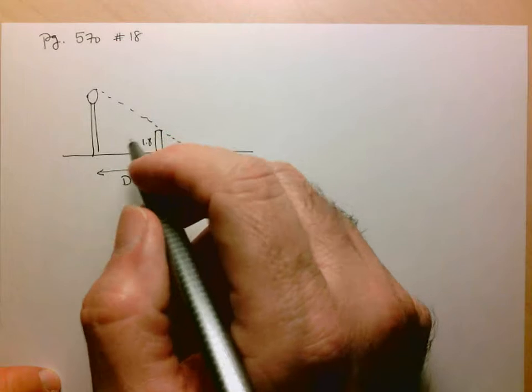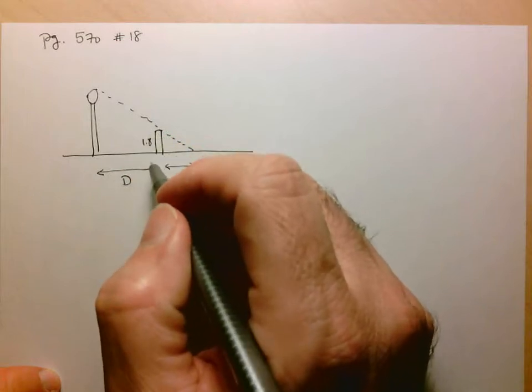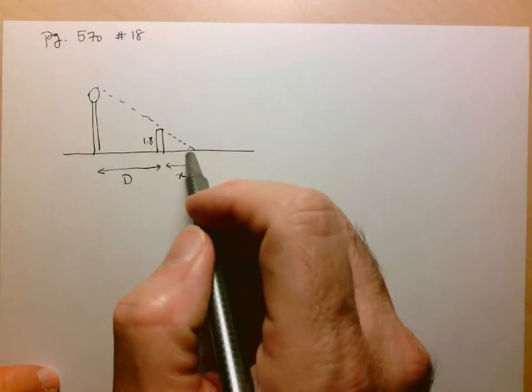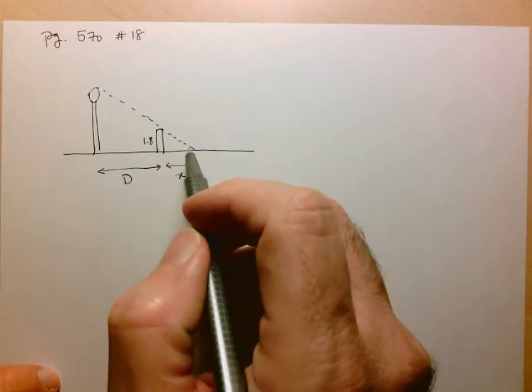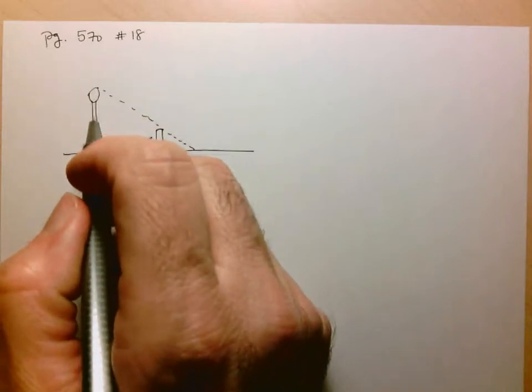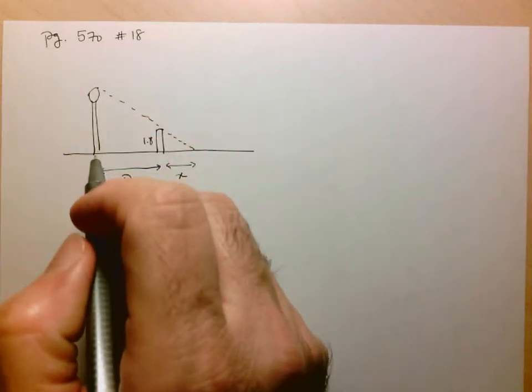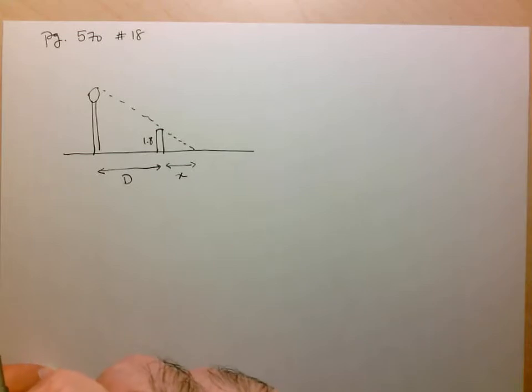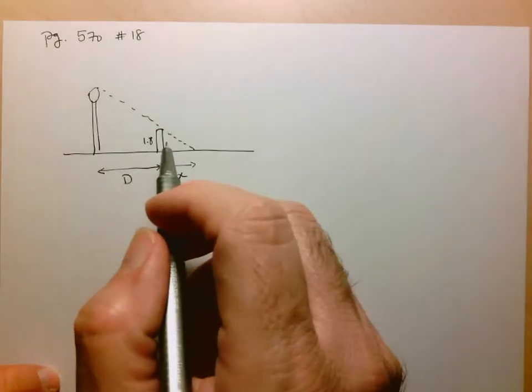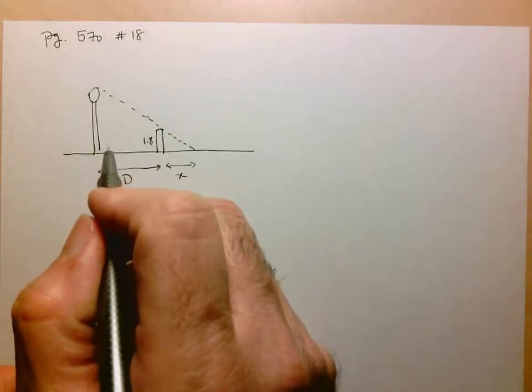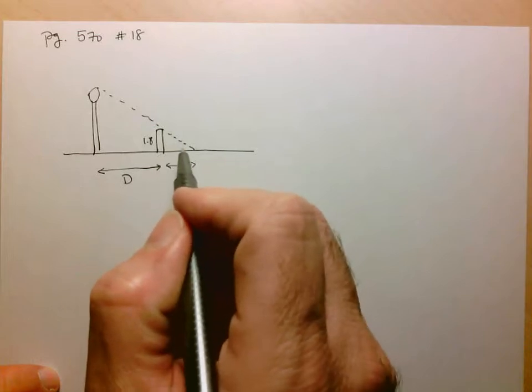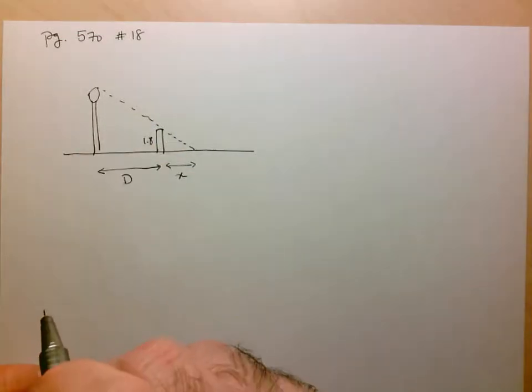Hopefully you're going to notice that I've got two similar triangles here, the smaller triangle and then the larger triangle created with the lamppost. They are similar because they both have a 90-degree angle and they both share this angle, so the third angle must also be the same.